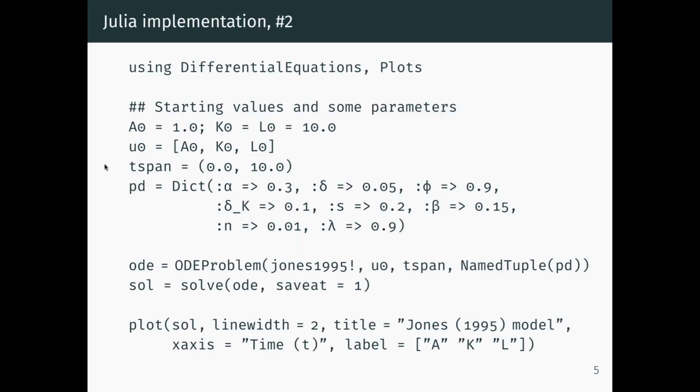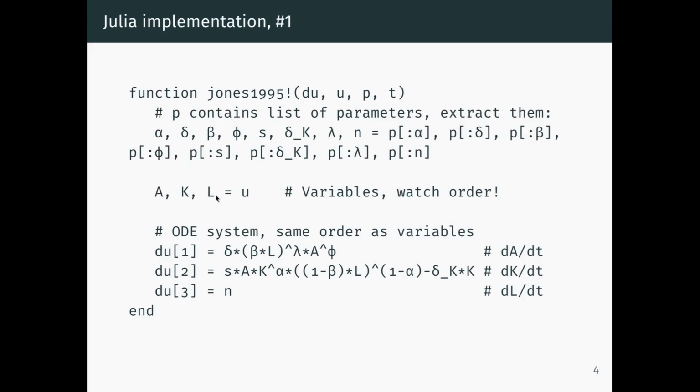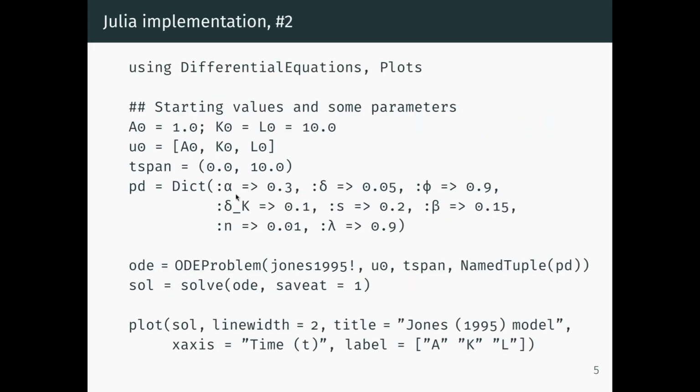In this code block then we'll define some starting values and parameters. We set the initial technology stock at 1, the initial capital stock and total labor supply at 10, and these are then the starting values, again in the same order as here, so A, K, L, and also here A, K, L, so that we don't mess anything up.